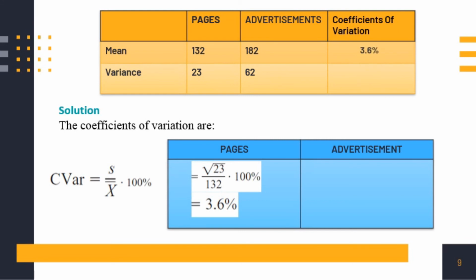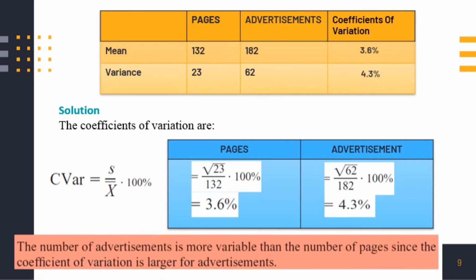While in advertisement, the square root of 62 divided by 182 multiplied by 100% is equal to 4.3%. The number of advertisements is more variable than the number of pages, since the coefficient of variation is larger for advertisements.